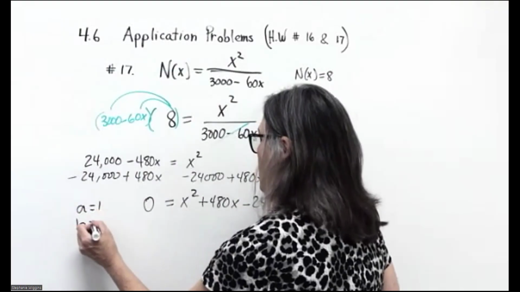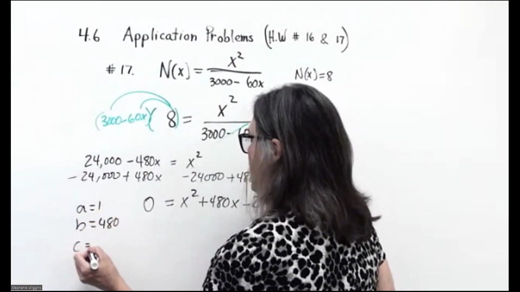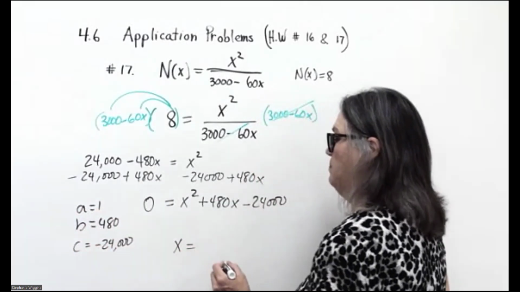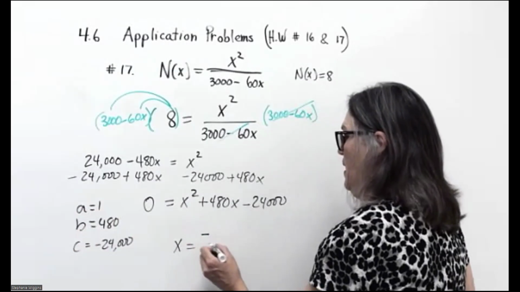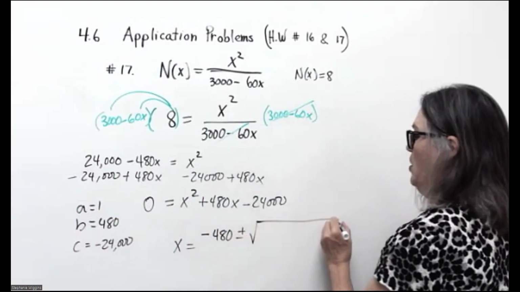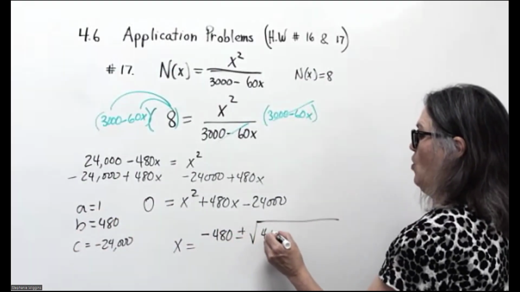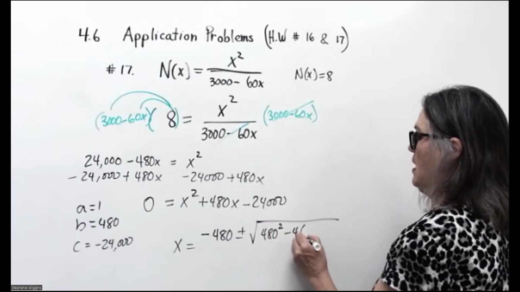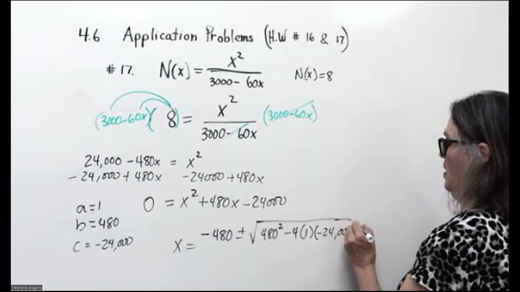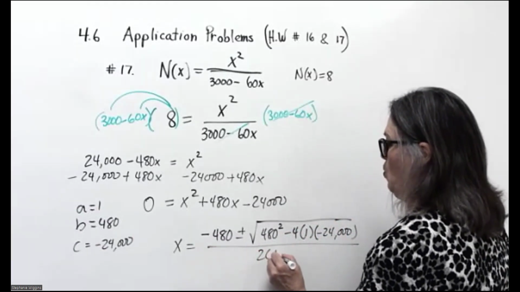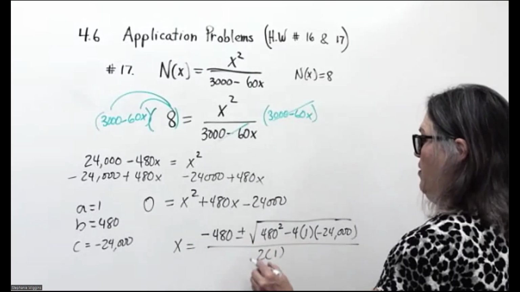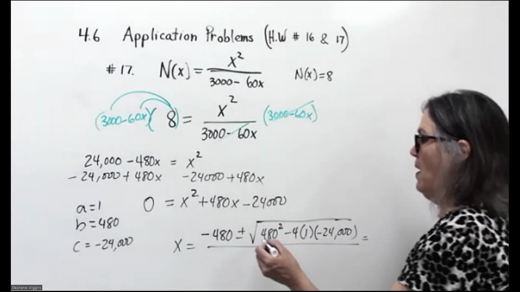This is the quadratic equation in the proper format. A equals 1, B equals 480, C equals negative 24,000. By the quadratic formula, x equals minus B, that's minus 480, plus or minus the square root of B squared, that's 480 squared, minus 4 times 1, that's A, times C, which is negative 24,000, all over 2 times 1. When you do this on your calculator, I went with the positive sign.